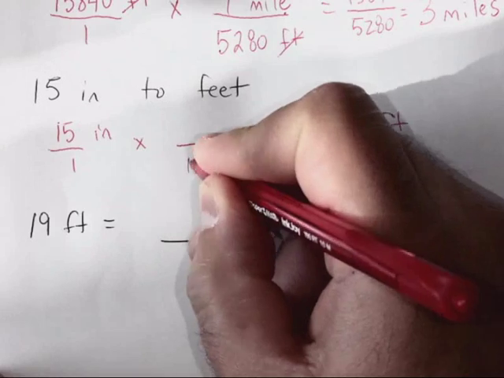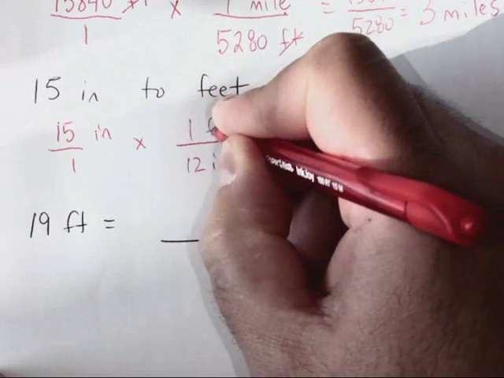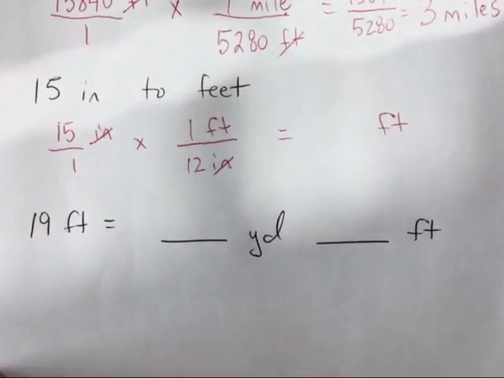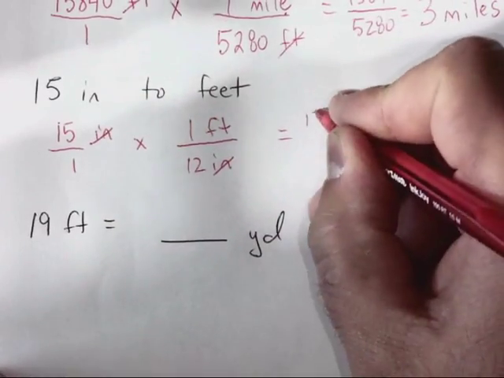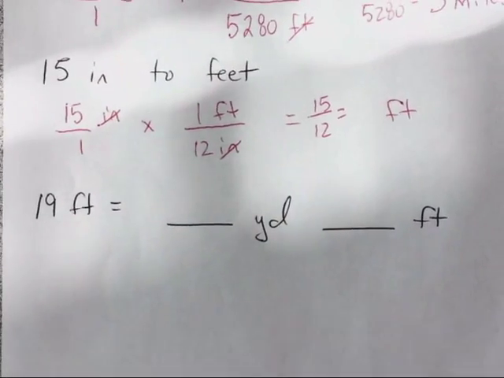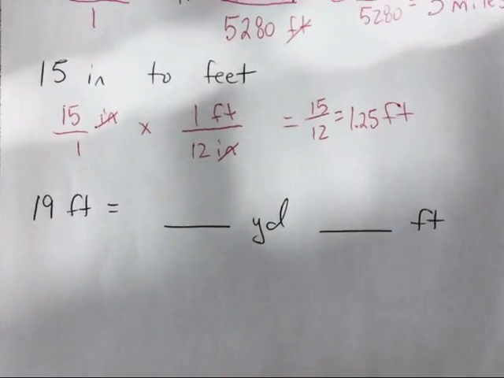So I'm going to put inches down here in the bottom so that inches cancel. So I get my units straight, I'm left with feet. So that's great. And I get 15 over 12. And of course I can divide that and get 1.25 feet. So 1 1/4 feet.